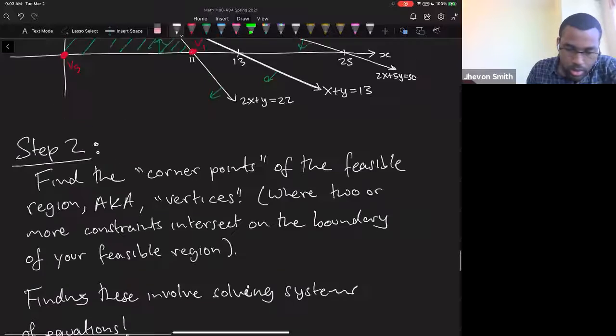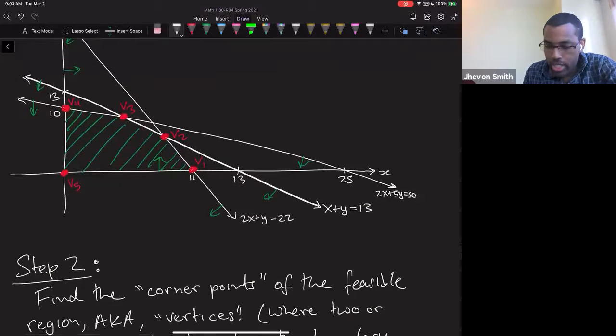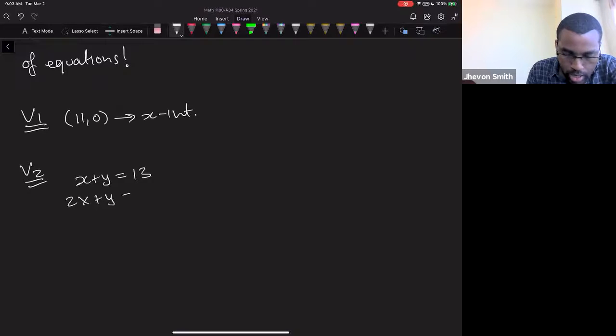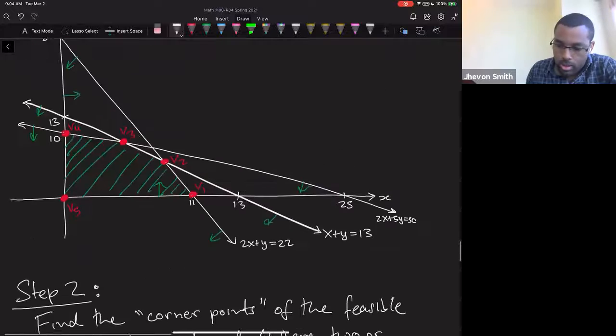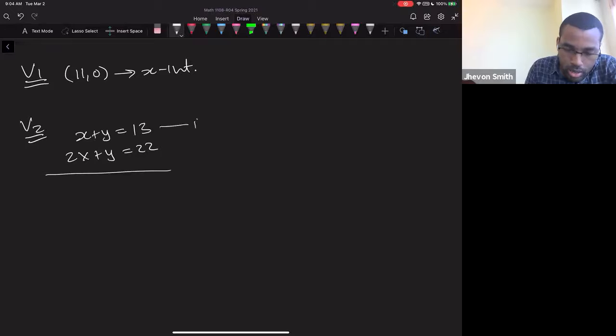V2. Oh, that one. Notice that V2 is the intersection of 2x plus y equals 22 and x plus y equals 13. So we need x plus y equals 13, 2x plus y equals 22. Right? So what we can do here is, let's say, call this equation 1, call that equation 2. I can take equation 2, subtract equation 1.